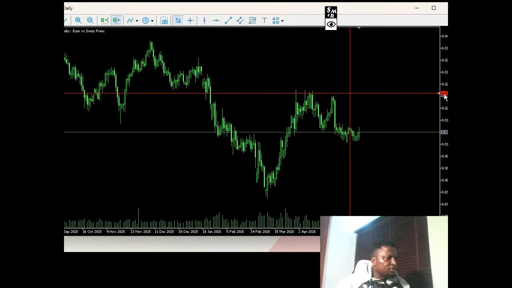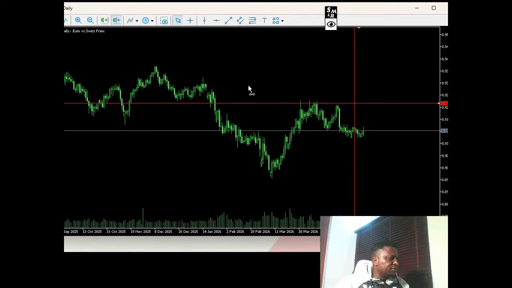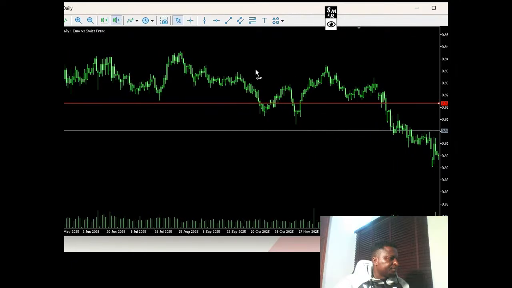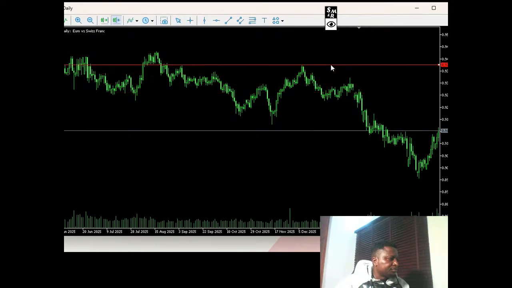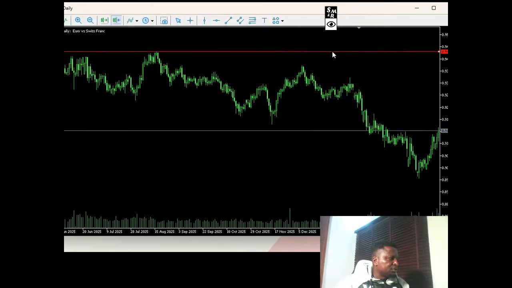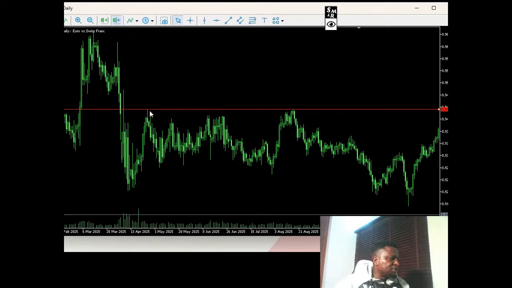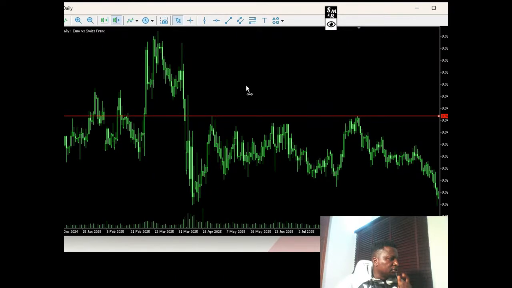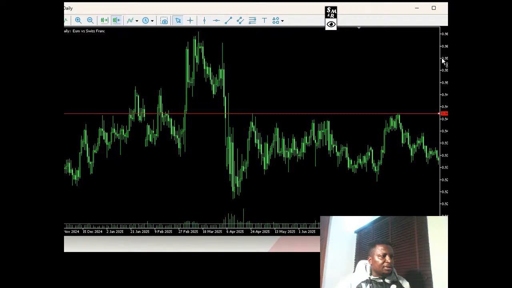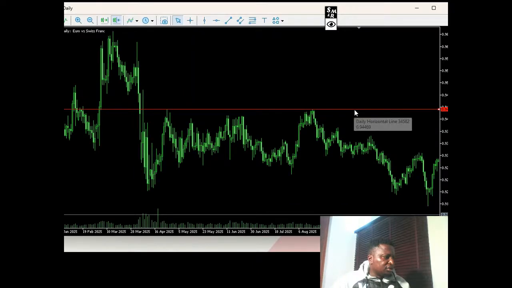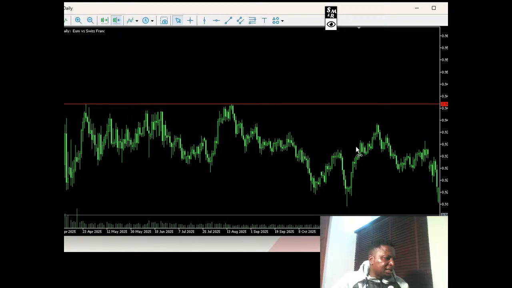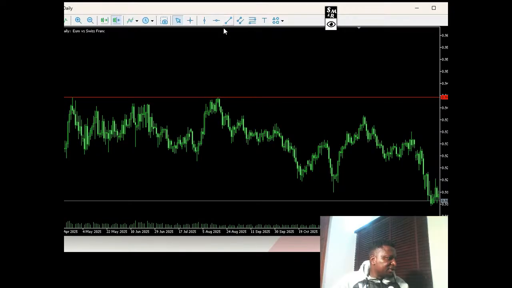Let's look for the one up here. You can see that price touched here one and touched two. So it's a major level, it's a key level. Let's also look out for another key level. There's another key level here.